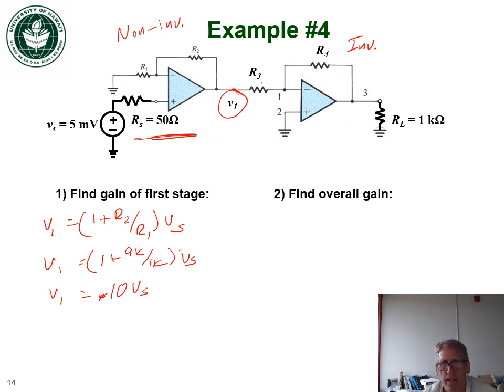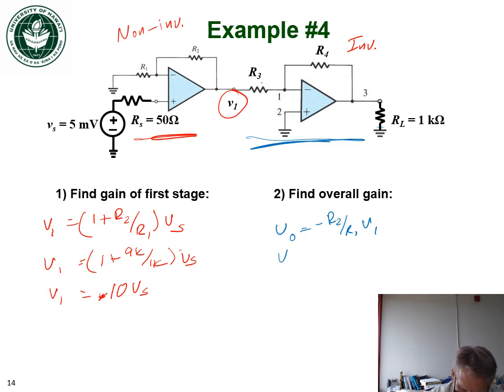And for the second amplifier, R4 and R3, we can use different values. So we can write that for the second amplifier, that's the second stage here, V out is equal to minus R2 over R1 times V1. In other words, in this case, we'll choose V out equal to minus 100K over 1K times V1.